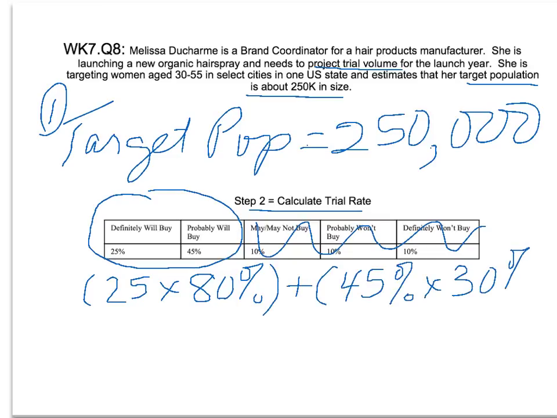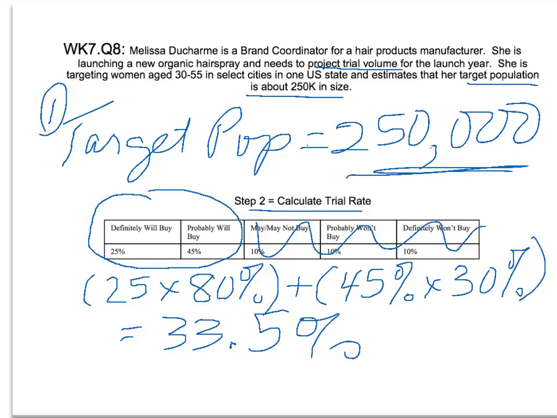We adjust that because we know about 30% do end up buying. So we come up with a trial rate of 33.5%. Keep these two numbers in mind. We're going to proceed to the next slide.